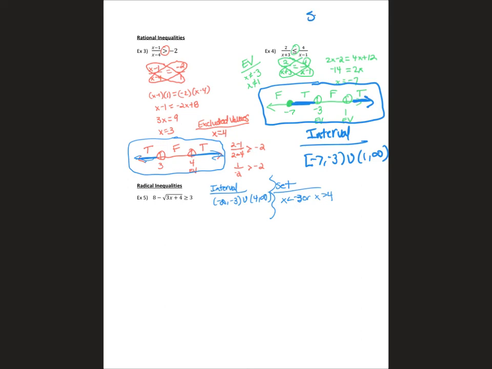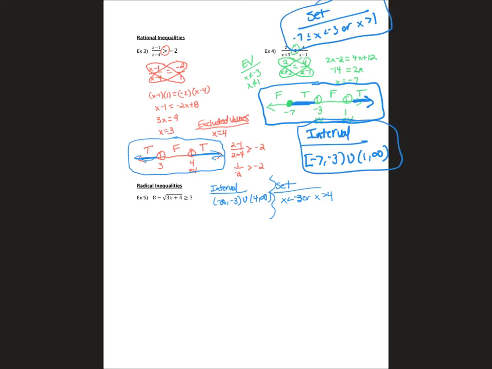And then set notation would be x is greater than or equal to negative 7, less than negative 3, or x is greater than 1. So there would be my 2 other notations.